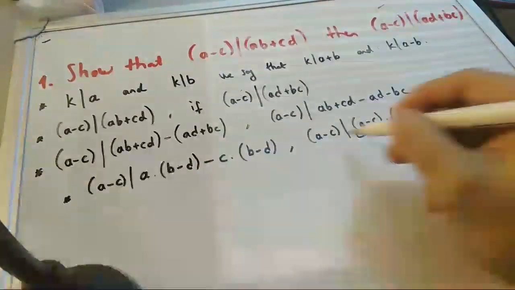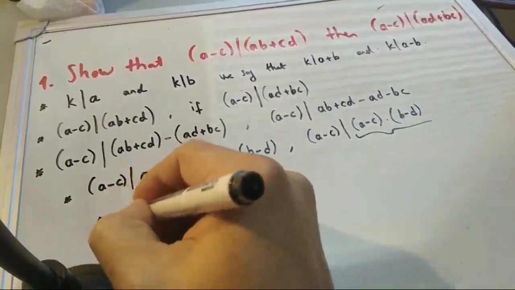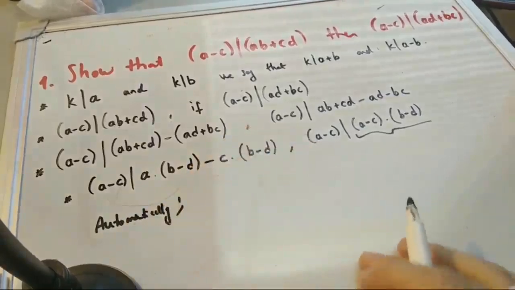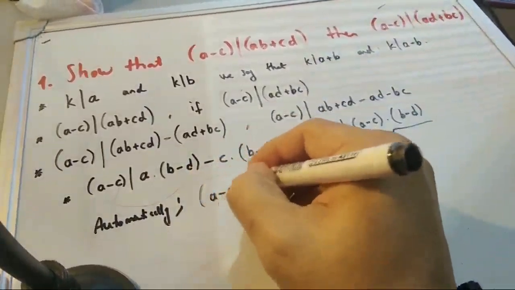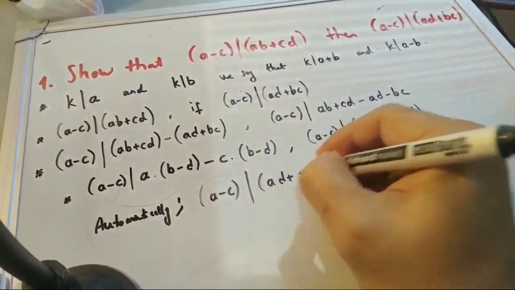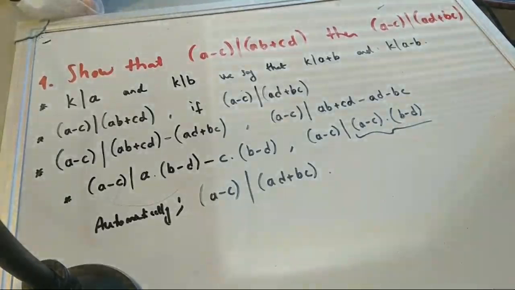This expression is divisible by a minus c, so automatically a minus c also divides ad plus bc. Okay. You can write it down.